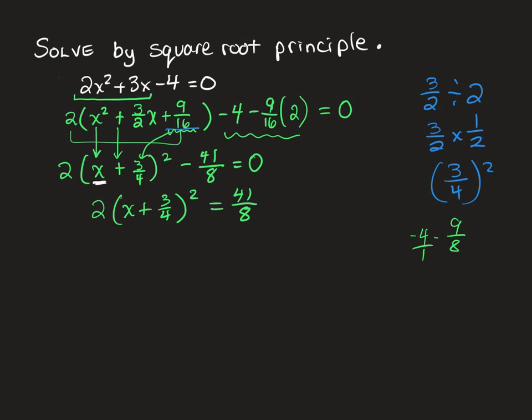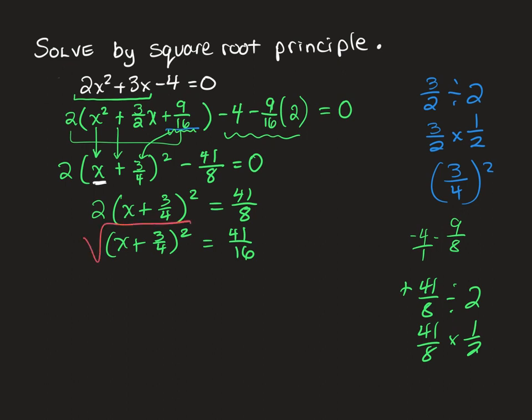We're basically reversing BEDMAS, so we get rid of adding and subtracting first, then multiplying. So divide both sides by 2. Lovely little fractions we're going to have. So 41 over 8 divided by 2 means multiply by 1/2. So that is going to be 41 over 16. Lovely number. Okay, and then we are down to the square.